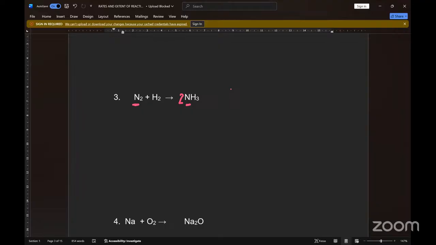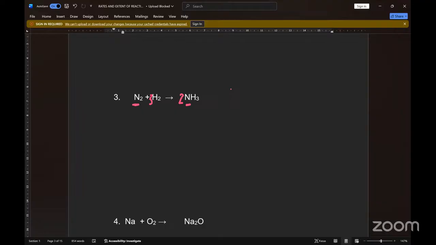So the nitrogen is 2 times 1, which is 2, and then it's 2 in 2. However, by placing 2 here, you have increased the number of hydrogen inadvertently. So you have to account for it on this other side, the left-hand side. So it's going to be 2 times 3, which gives you now 6. And therefore, you write 3 here.